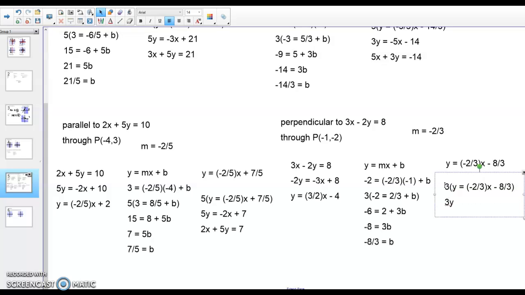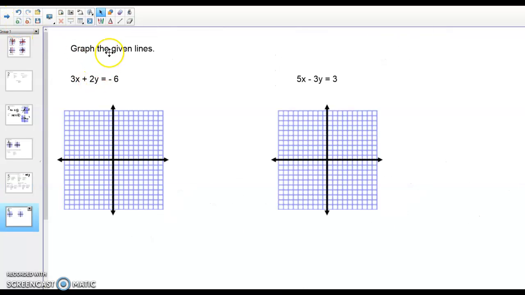Multiply everything by 3, 3y equals negative 2x minus 8. And we add 2x to both sides, 2x plus 3y equals negative 8. And you can plug your point in to check. 2 times negative 1 is negative 2, 3 times negative 2 is negative 6, negative 2 and negative 6 is negative 8.